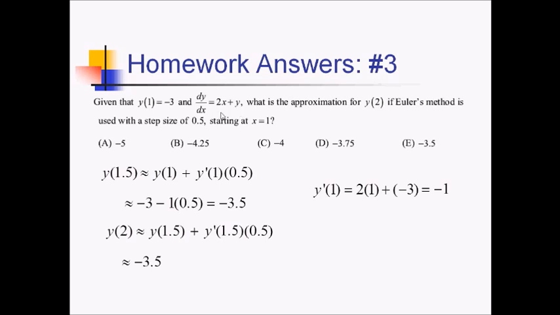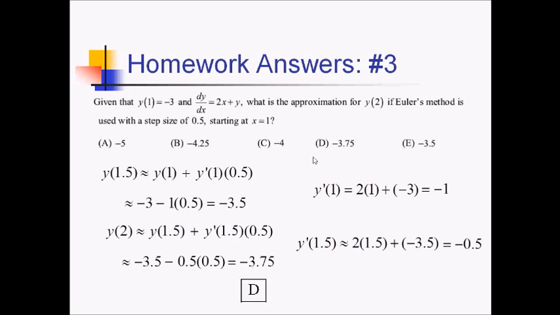So this is going to be 2 times 1.5 minus 3.5. And that's going to be 3 minus 3.5, which is negative 0.5. So over here now I've got minus 0.5 times 0.5. So this is negative 3.5 minus 0.25, which is negative 3.75. This was a no calculator question, so careful with your decimals. And that comes out to choice D.